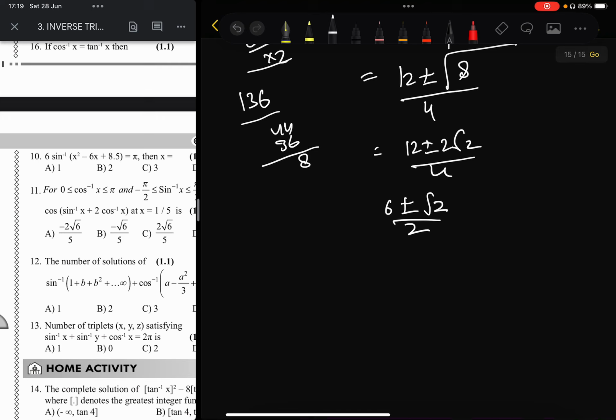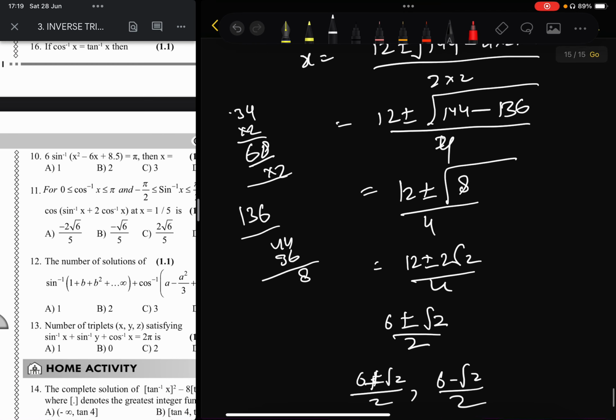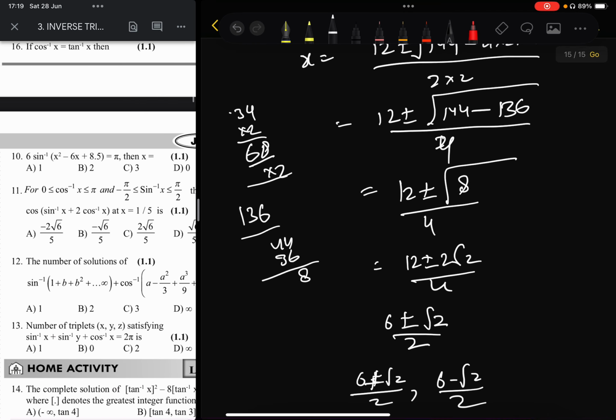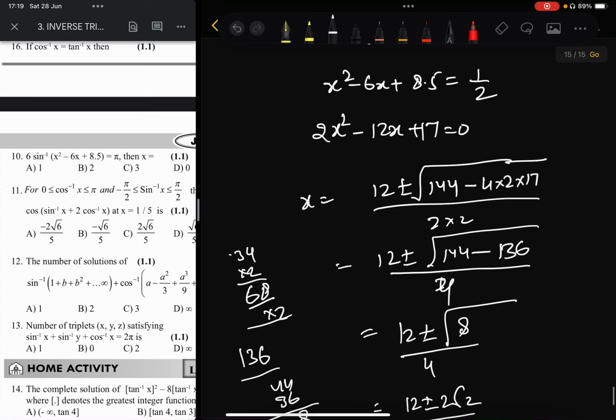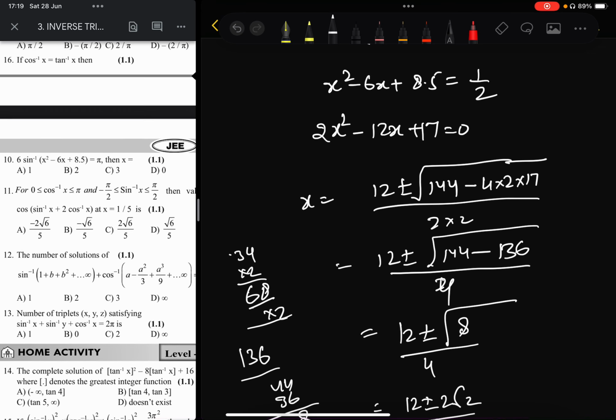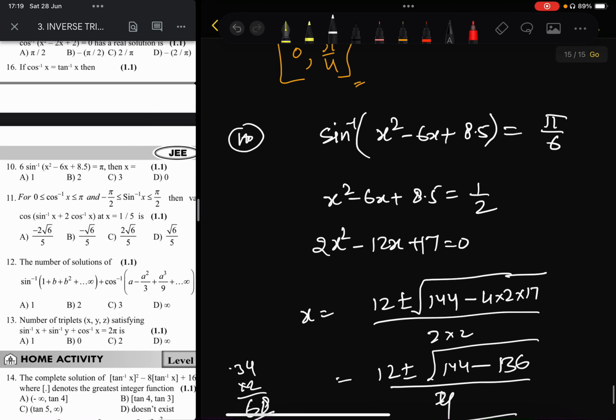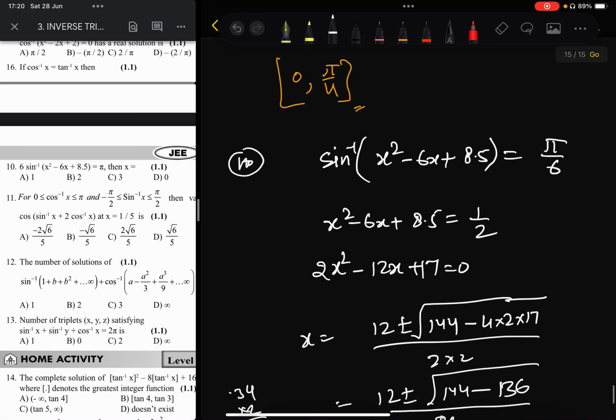Again see, we are getting 6 plus root 2 divided by 2 and 6 minus root 2 divided by 2. Here the question is to find the value of x. If everything is correct, then what is the problem here?